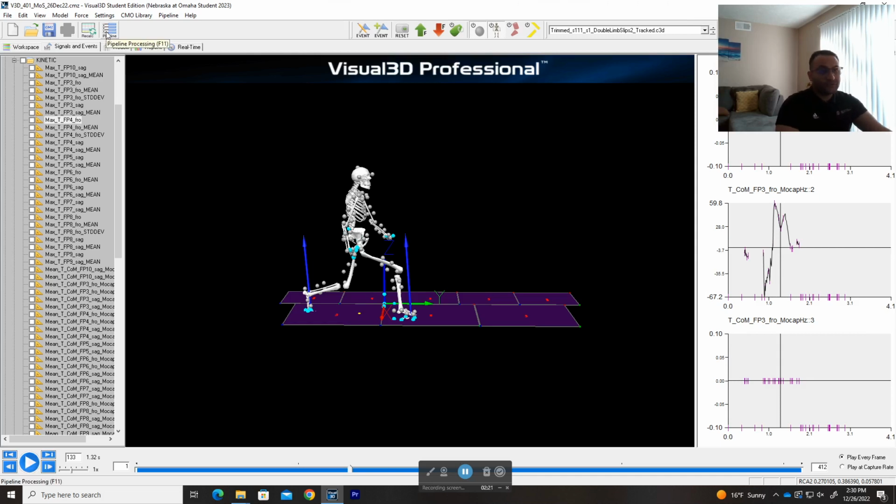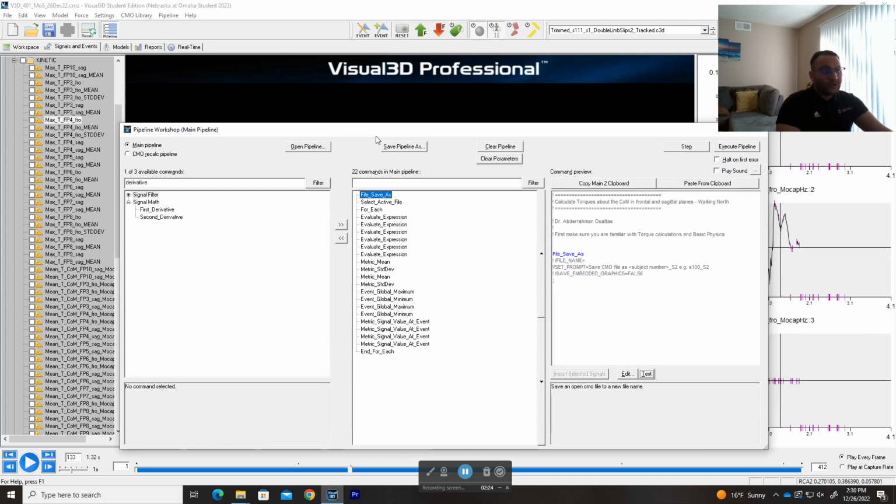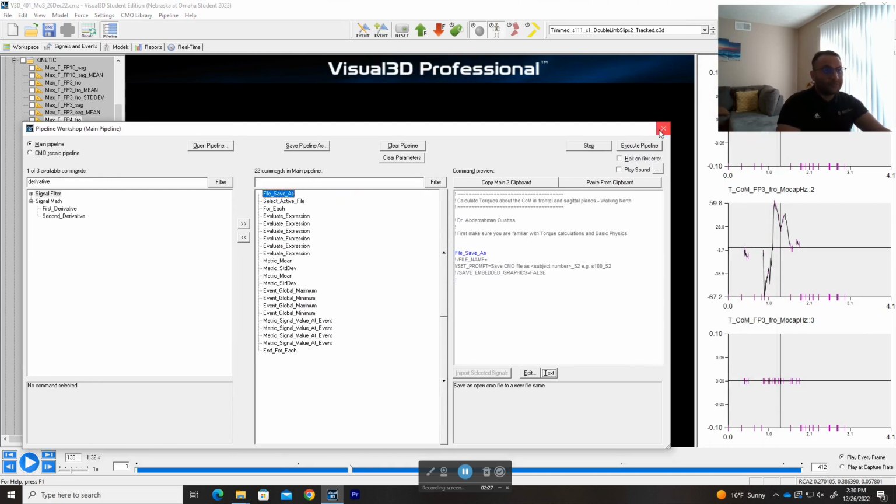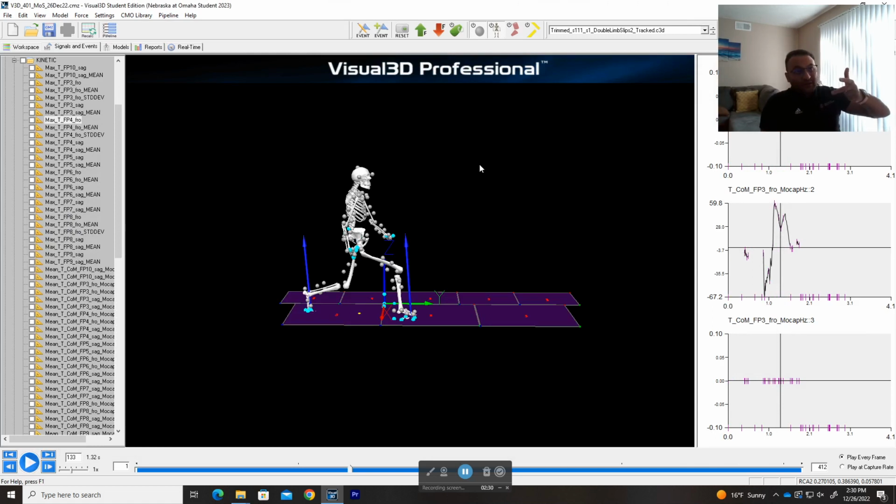Also, you have to separate these by walking north or walking south, because of the right hand rule: clockwise rotation is negative and counterclockwise rotation is positive. So depending on what direction you're moving, it's going to be opposite. And depending on whether it's frontal or sagittal, you have to make sure that your results always give you the same direction.